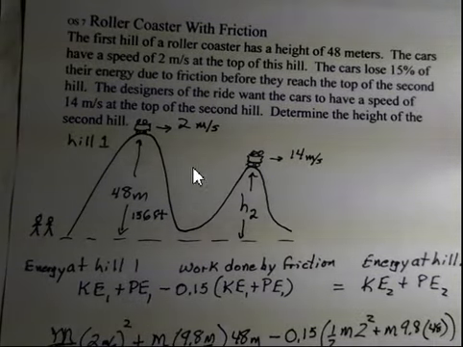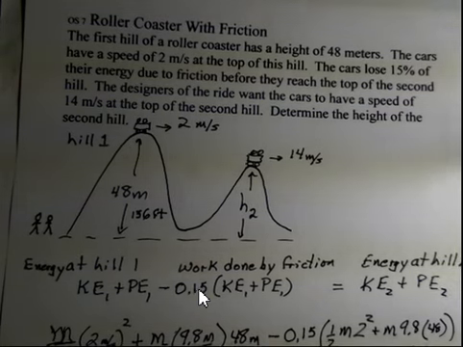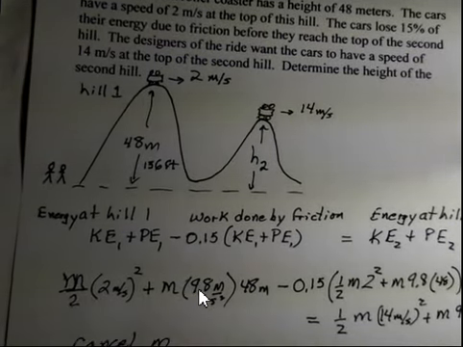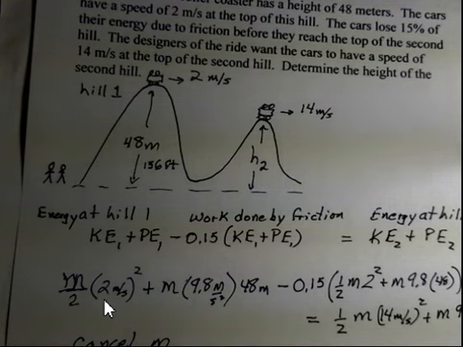Energy at the top of hill number 1, there's kinetic and potential. This supply of energy we're going to subtract from to determine how much energy we have at the top of the second hill. So 0.15, that's 15% of the initial energy is lost. Now putting in some numbers, we have the mass of the car, 1/2 mv squared is kinetic energy, mgh, g is the local acceleration due to gravity, h is the height of the first hill.